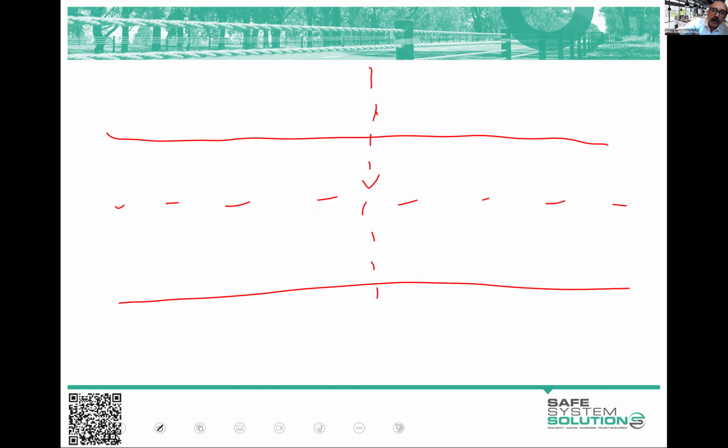The number of pedestrians that cross is the exposure of pedestrians to crashes. The distance that they cross is a likelihood factor under a safe system assessment.